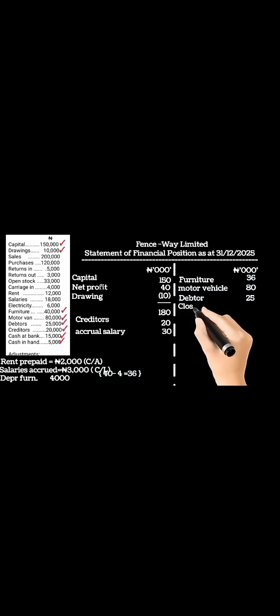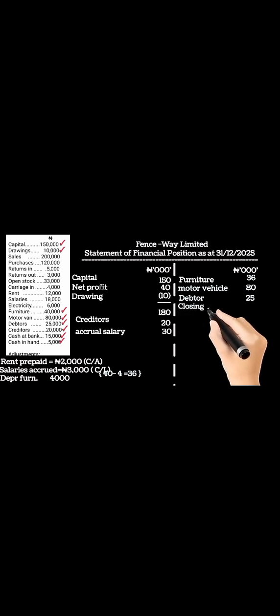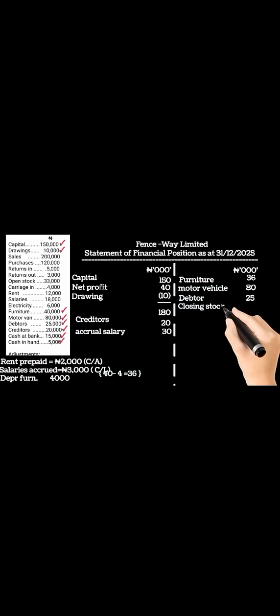Motor van is 80,000. Then we'll now start to talk about the current assets. The first current asset here is debtors. Debtors is 25,000 naira. Then we talk of closing stock. The closing stock is 40,000 naira.